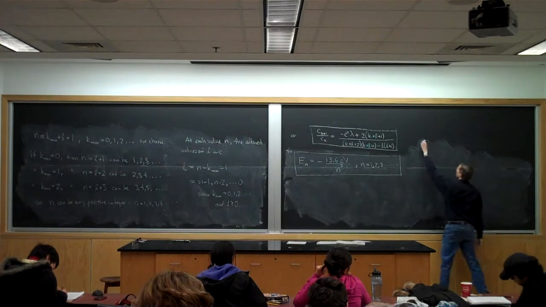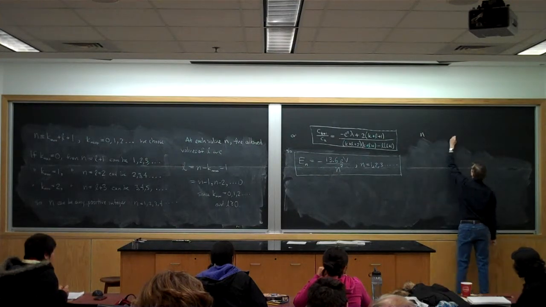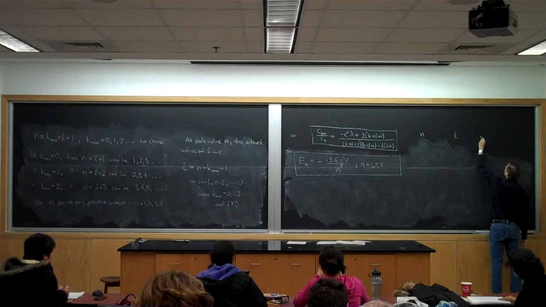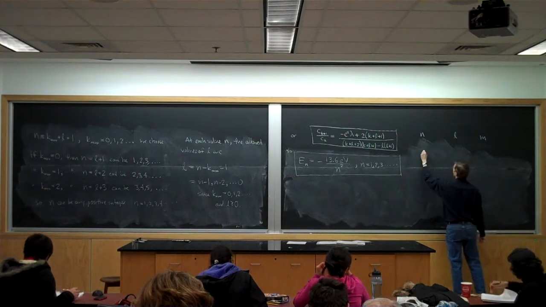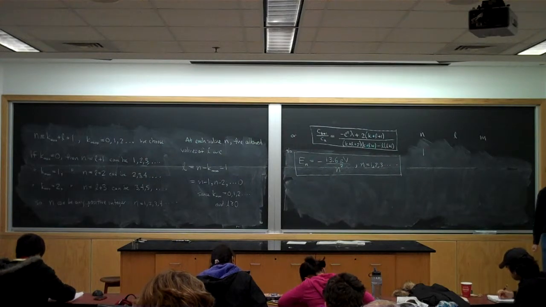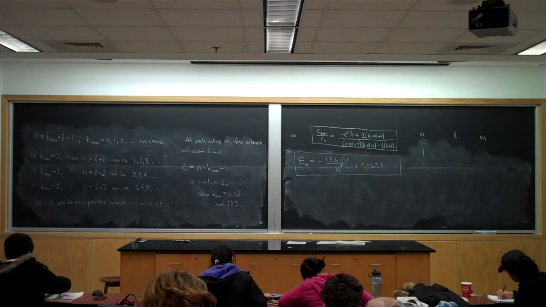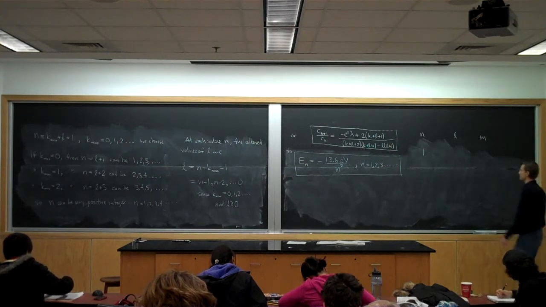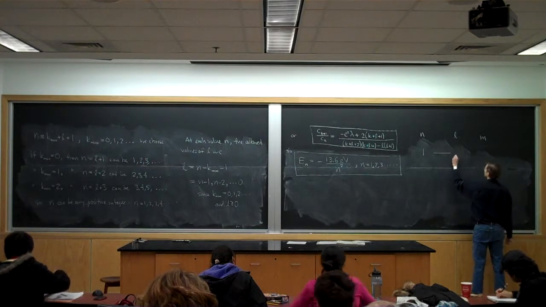And then we can make a tree, n, L, m. So if n is equal to 1, what values of L could go with that n? Just 0, right? Because it goes from 0 to n minus 1.